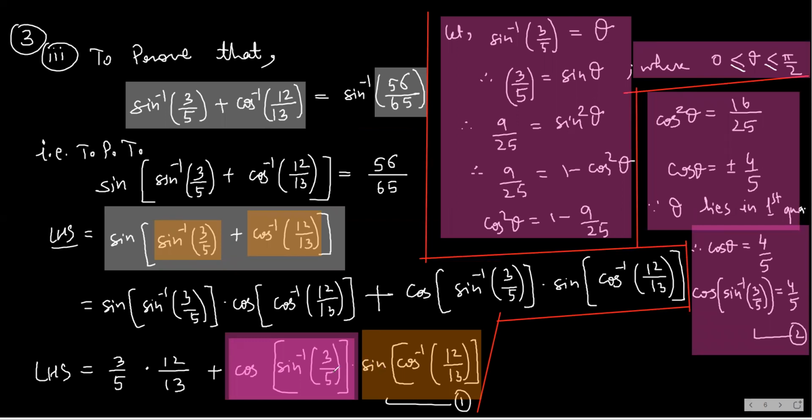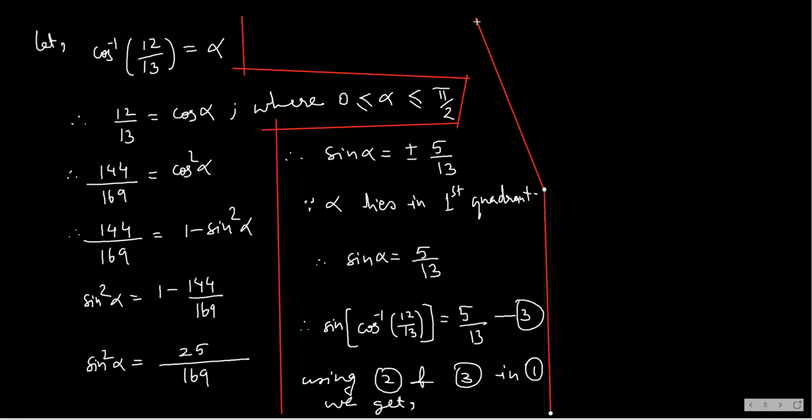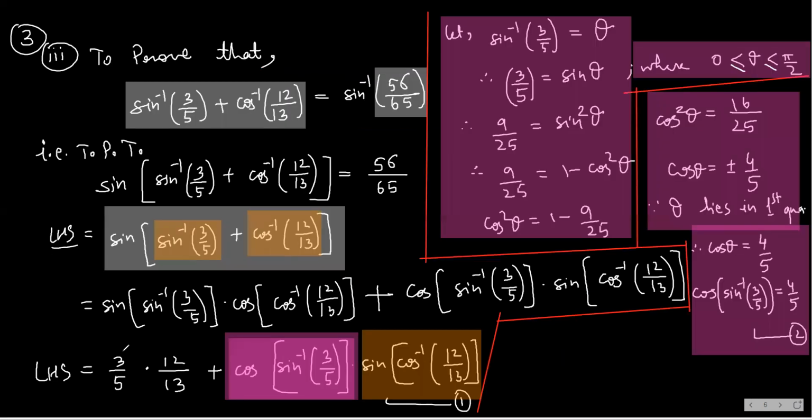So see here, what do I get? Using 2 and 3 in 1, we get, therefore LHS equals, what was LHS? LHS was, see, this is 36 upon 65, multiply these two, 36, multiply these two, 65.